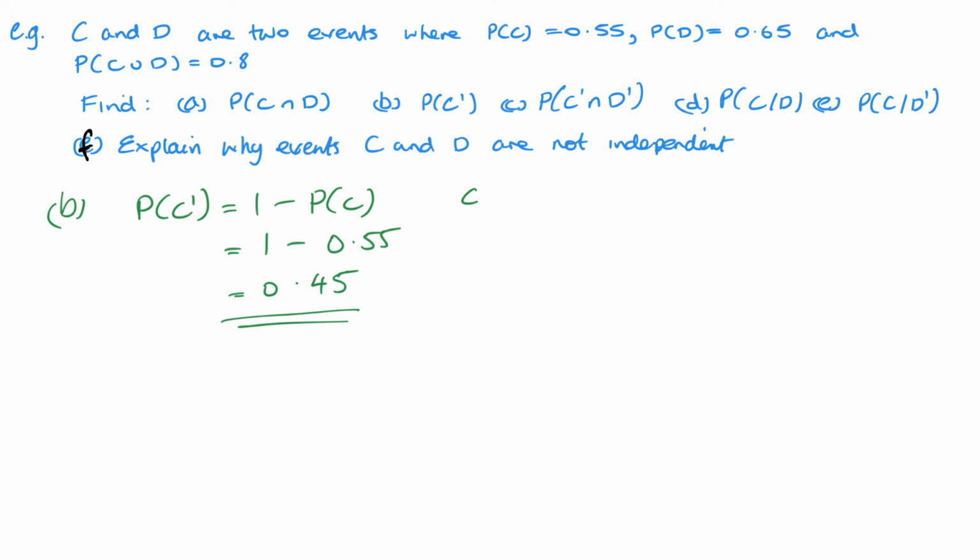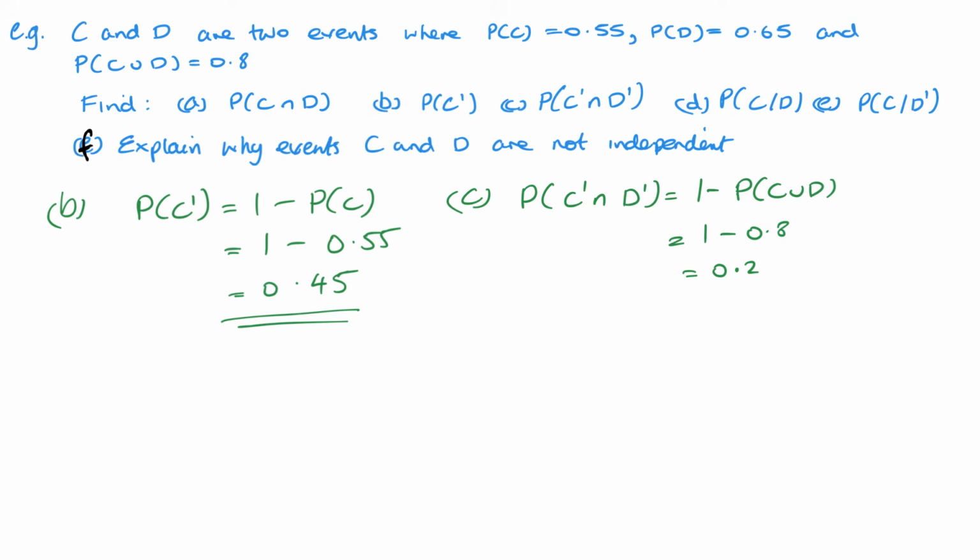Oh, that was pretty quick, wasn't it? Part C, the probability of not C intersection not D. This is one to know. This is 1 minus the probability of C union D, which is 1 minus 0.8, 0.2.